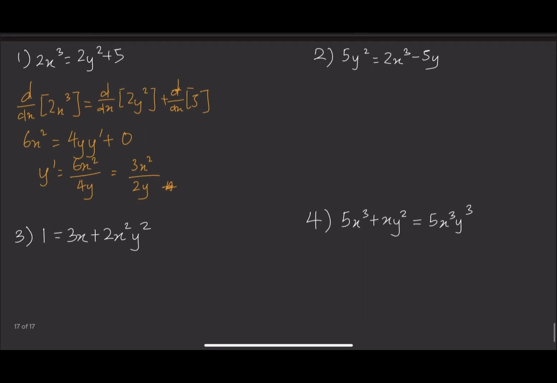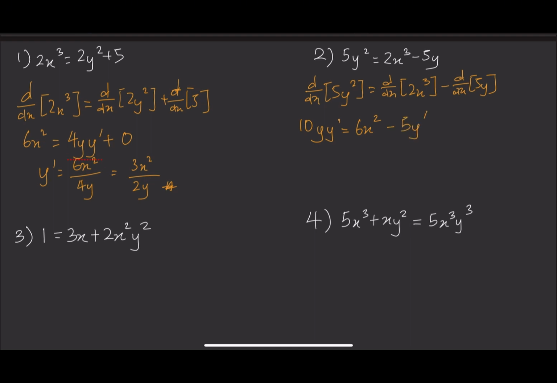For the next one, d/dx of 5y squared equals d/dx of 2x cubed minus d/dx of 5y. Okay, simple as always. Differentiate as usual, and then add the y prime. So 6x squared minus 5y prime.